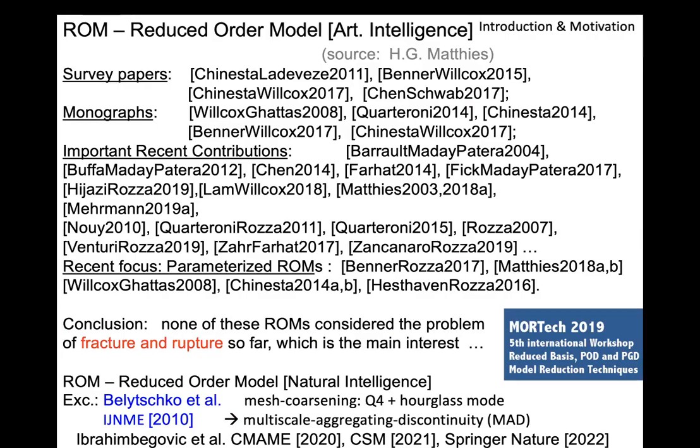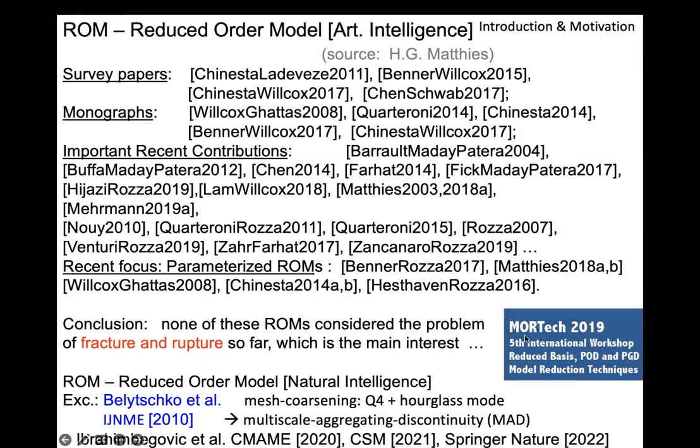This is compiled with the sources of Herman Matthies, who often goes to these meetings. They do it almost every 6 months. I was there at something called the MORT 2019, joking with Professor Andres, who organized it. They said MORT is like that. My God, not a good name, but this means model order reduction technology.